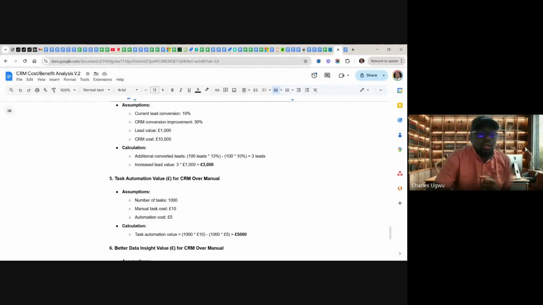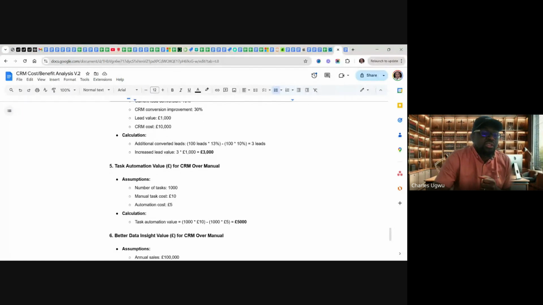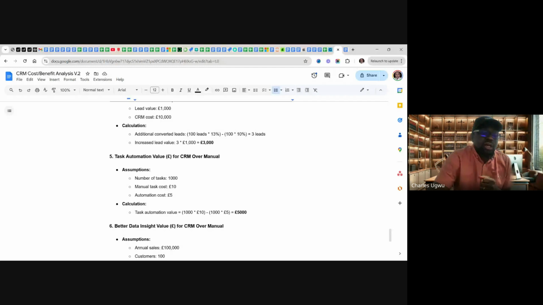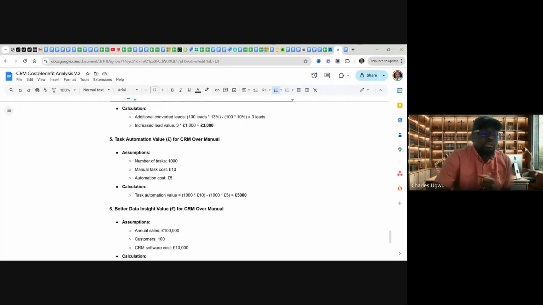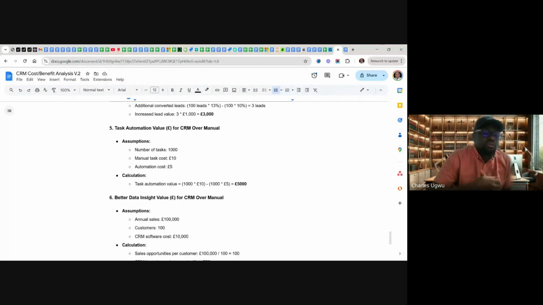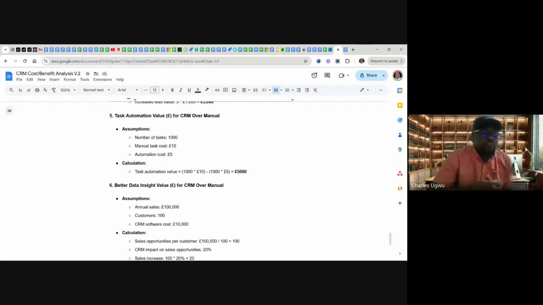And then we'll have to come to task automation value for CRM over manual. So under this, we have assumptions, which is going to be number of tasks, let's say 1,000, manual task cost is going to be 10 pounds, and automated cost being 5 pounds.